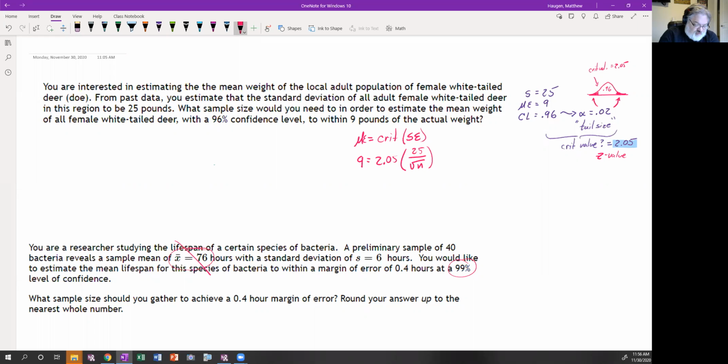We know it'll be more than 40. And usually you'll notice these sample sizes are quite large. They're usually things where we get pretty close to that Z value anyway. I think this one's something like 1400 or something. So it's going to be pretty close to that critical value anyway.